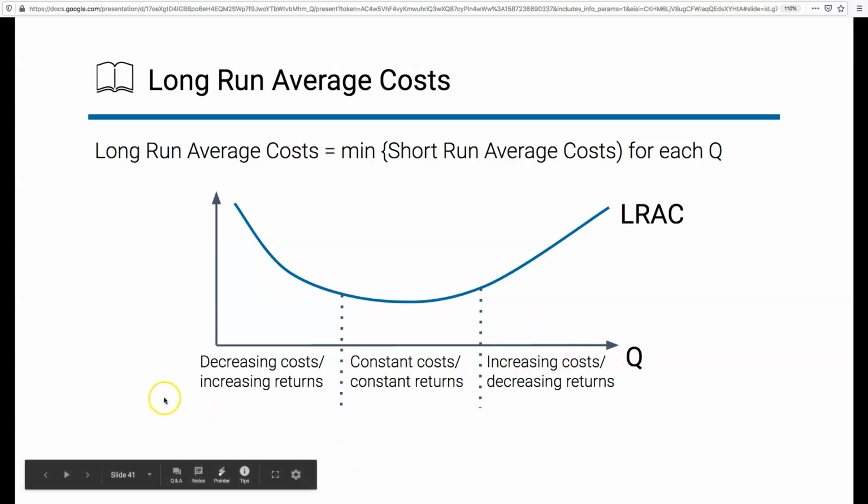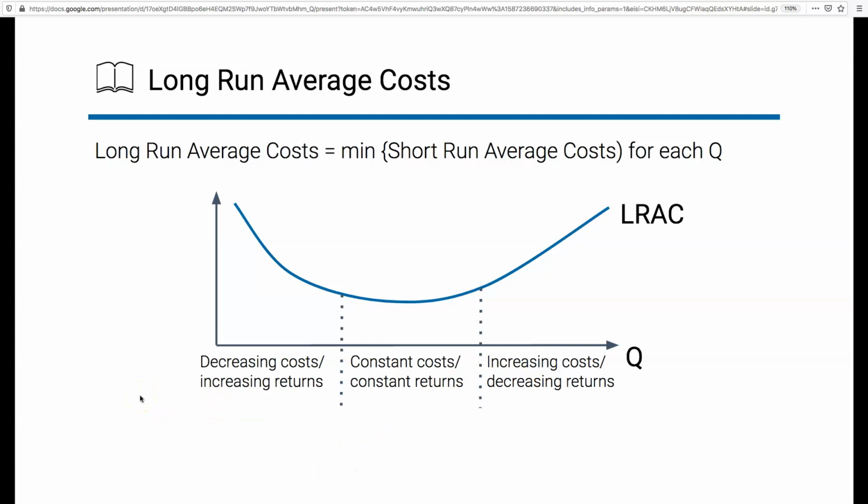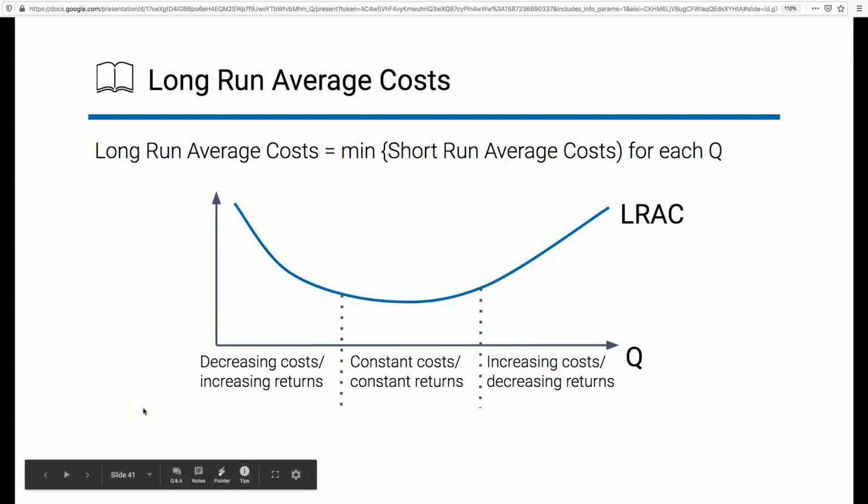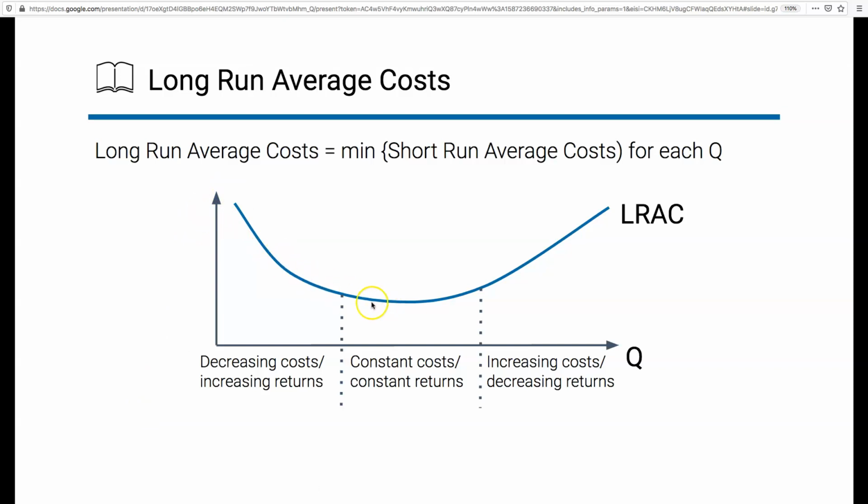And the last important property of the long run average costs, we need to introduce the following definition, the minimum efficient scale. That is, we need to find the point or points on the graph where the long run average costs are minimized, and the smallest output at which we're producing at the minimum average cost possible is called the minimum efficient scale.